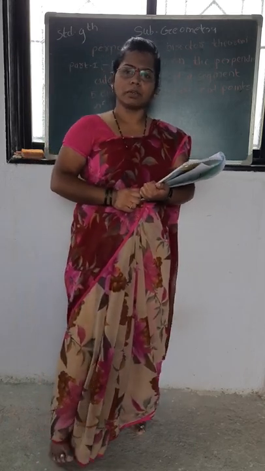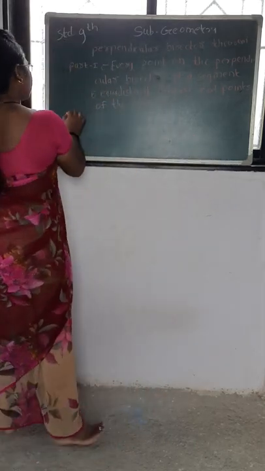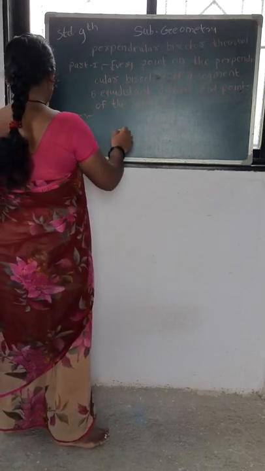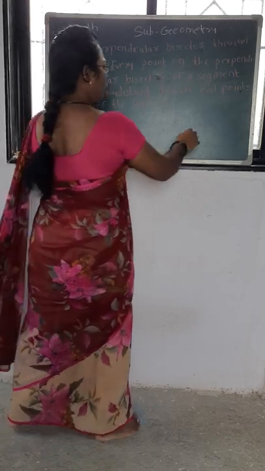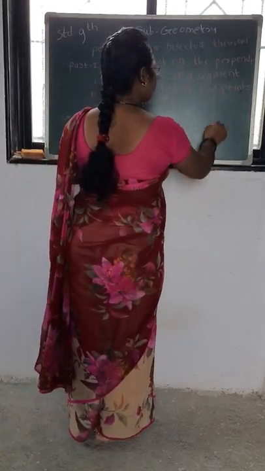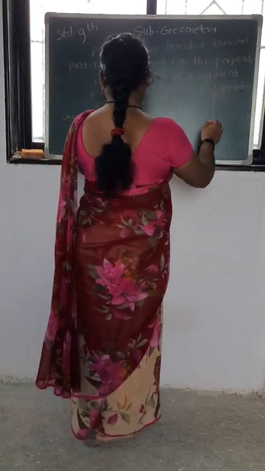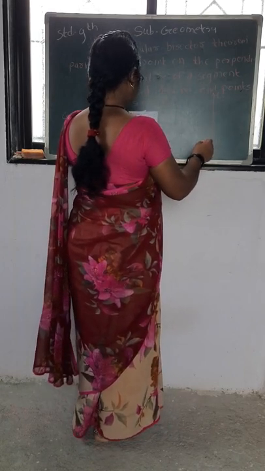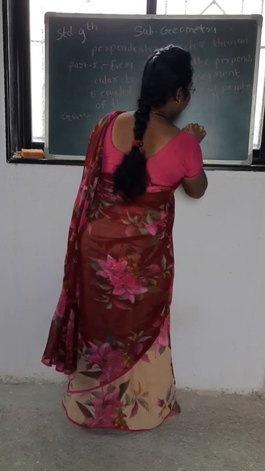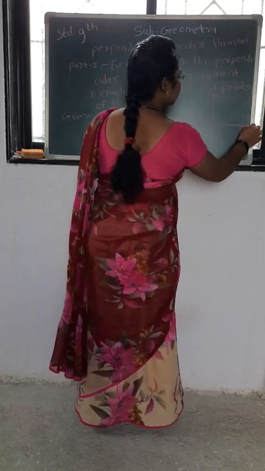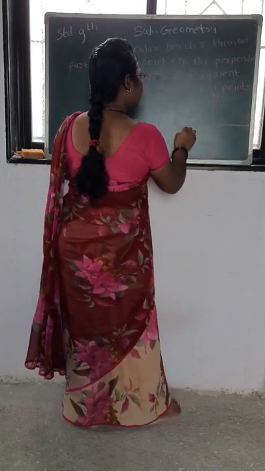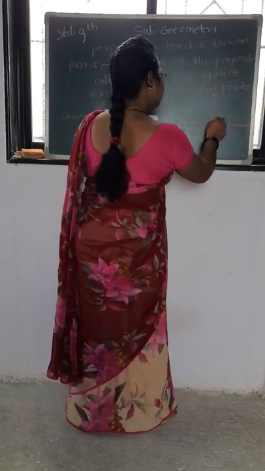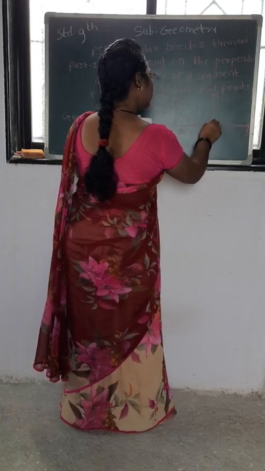Firstly, write the given of this theorem. Draw line L. Line L is the perpendicular bisector of segment AB.